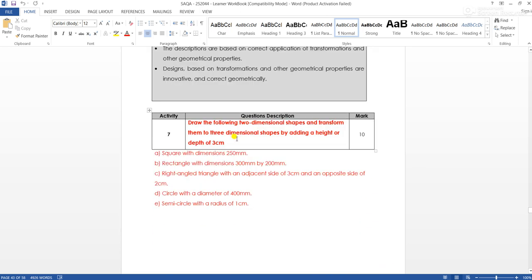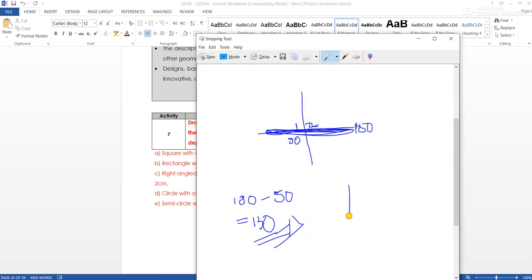Activity 7. Draw the two-dimensional shapes and transform them into three-dimensional shapes by adding a height or a depth of 3 centimeters. So by drawing that, it's something like this. So this is a 3D.